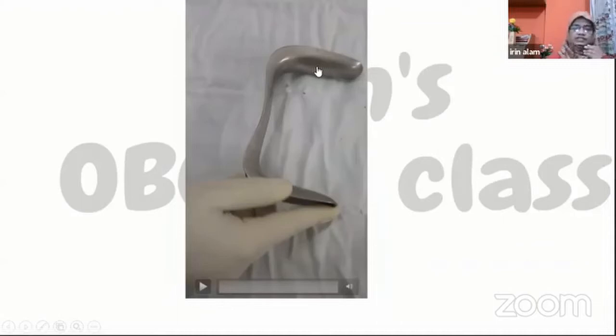And during vaginal hysterectomy, during Fothergill operation, and during cystocele repair, this instrument is used. It is also used to collect materials for swab, high vaginal swab or endocervical swab. This instrument is used during swab collection.